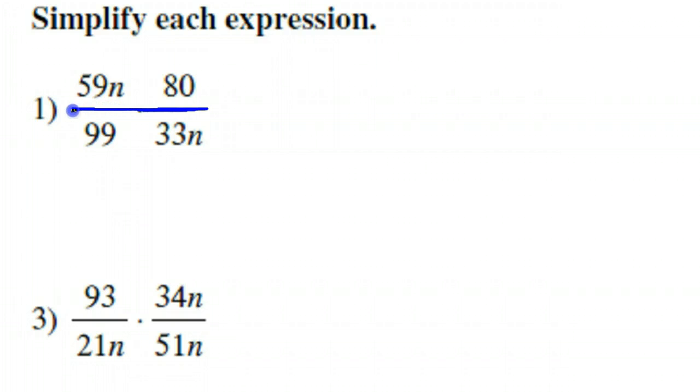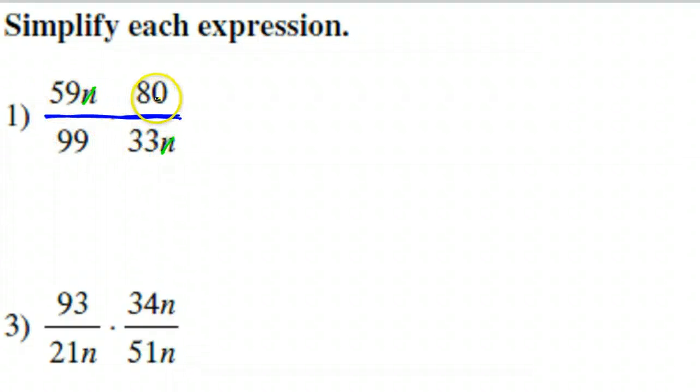It's just as good as if this were all within one fraction. So if I have this n in the numerator and another one in the denominator, then those are simply going to cancel each other out. So what I have now is 59 times 80 over 99 times 33.